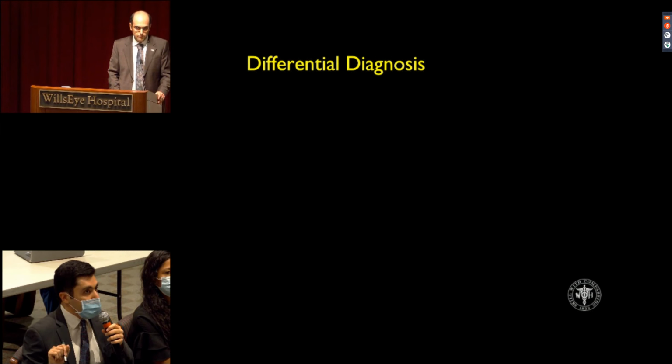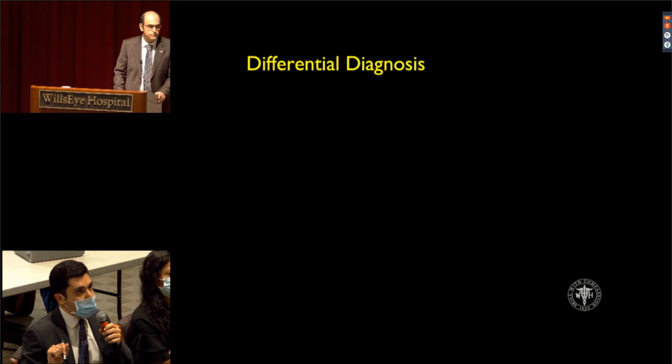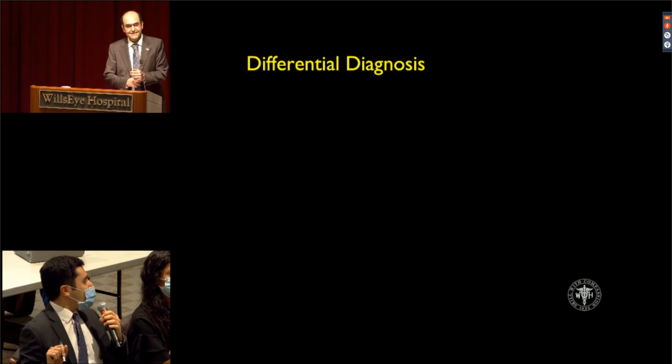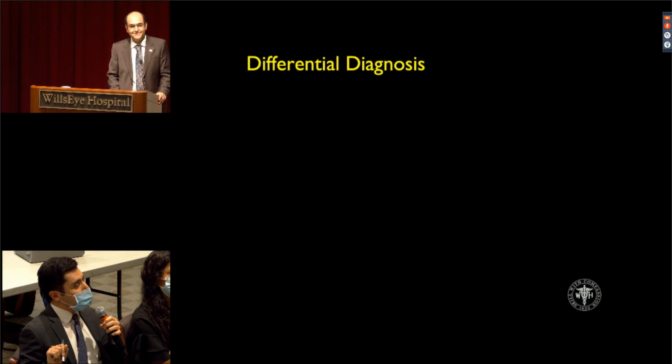Sarcoidosis is something that I would test for in this patient. Just broadly speaking, not based on the OCT. You do a chest X-ray on this patient before you know? Maybe for ruling out TB, I would.